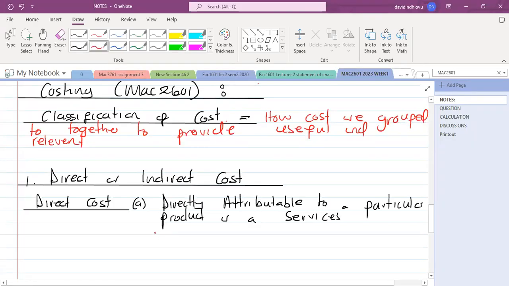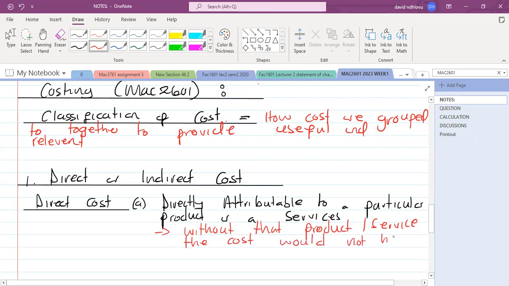What this means is that without that product or service, the cost would not have been incurred in the entity.